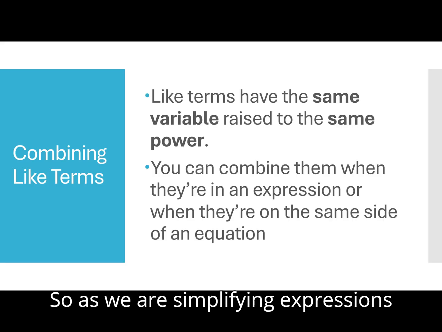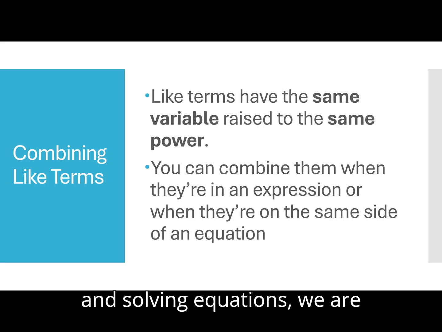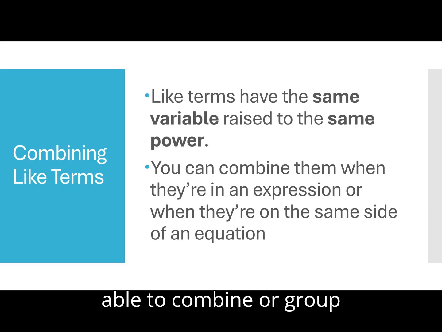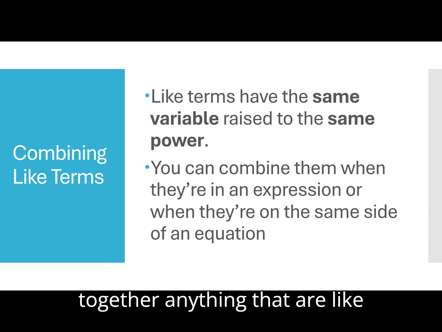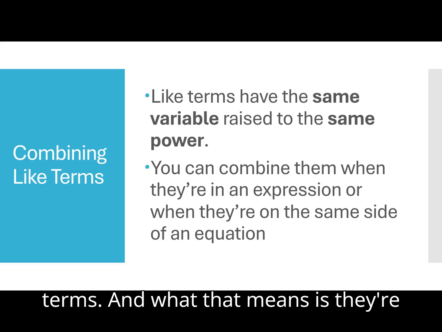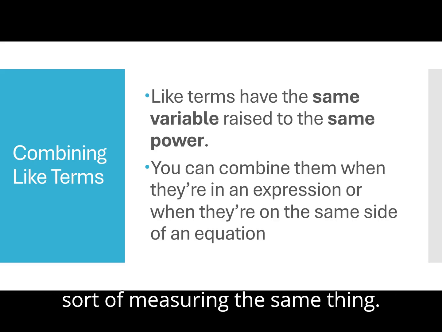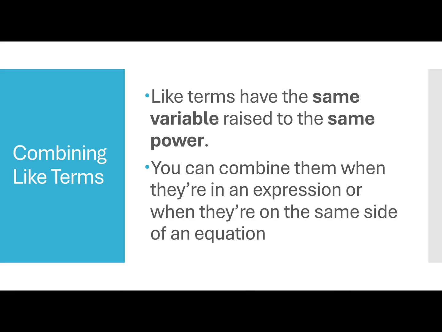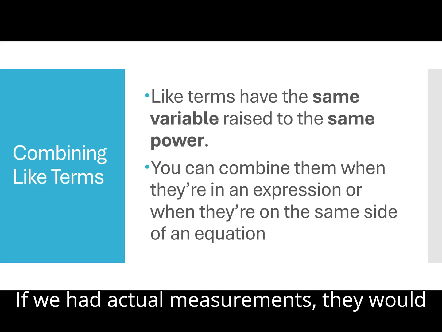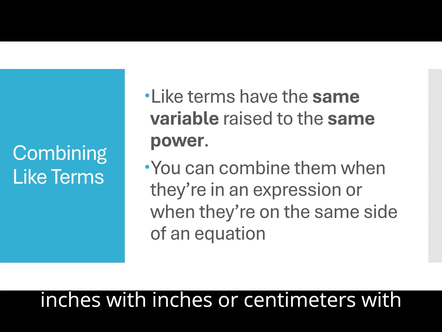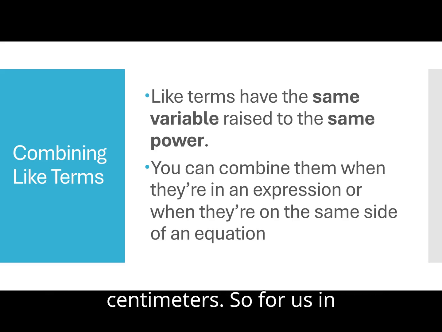So, as we are simplifying expressions and solving equations, we are able to combine or group together anything that are like terms. And what that means is they're sort of measuring the same thing. If we had actual measurements, they would have the same units, right? It'd be like inches with inches or centimeters with centimeters.